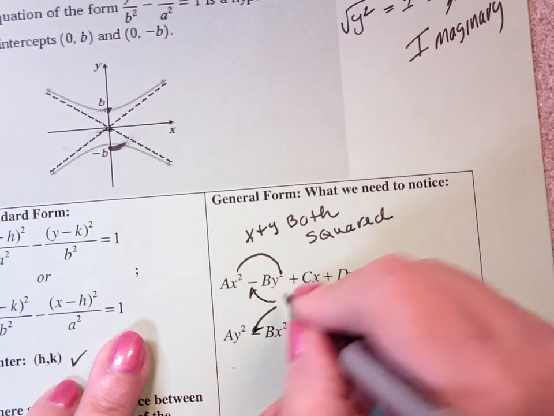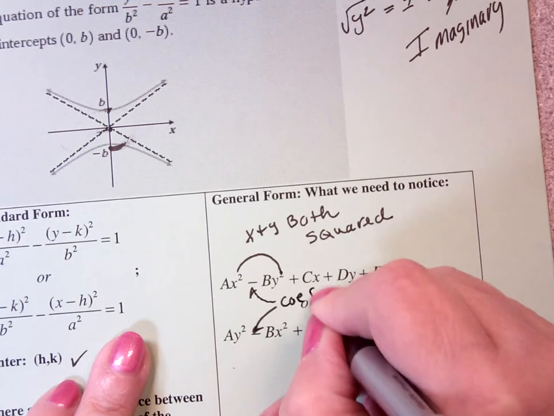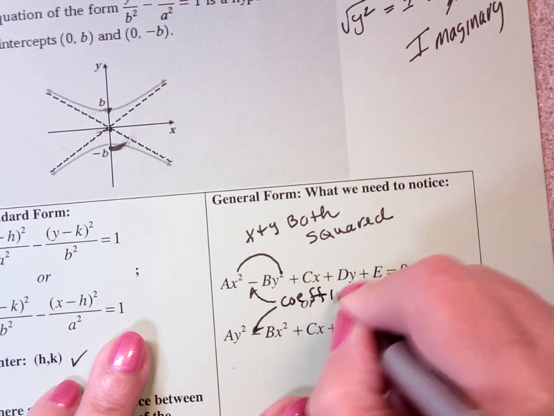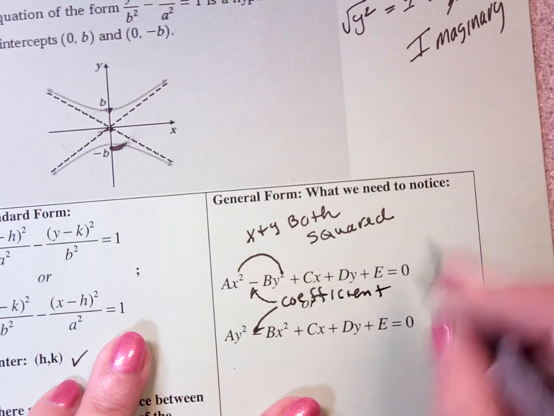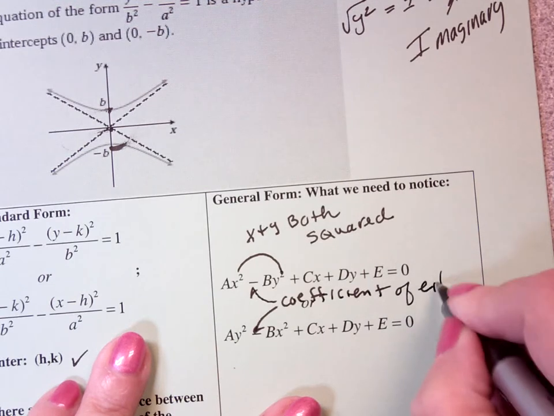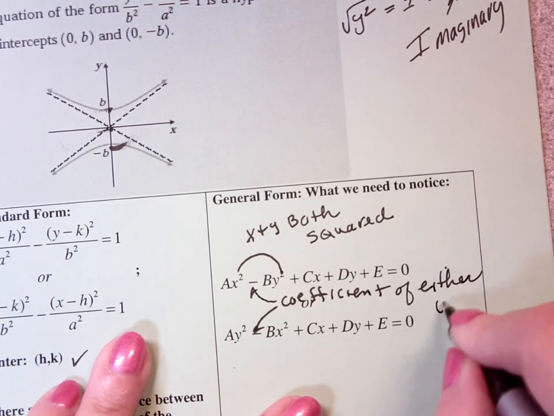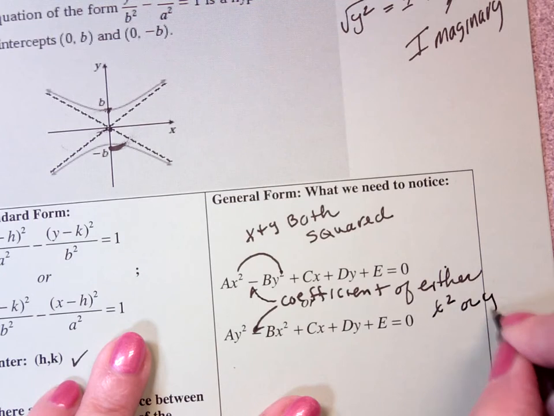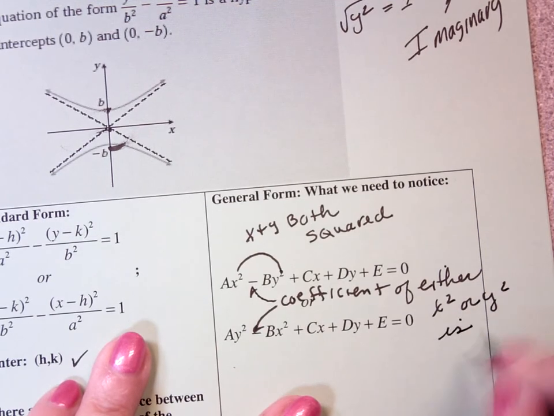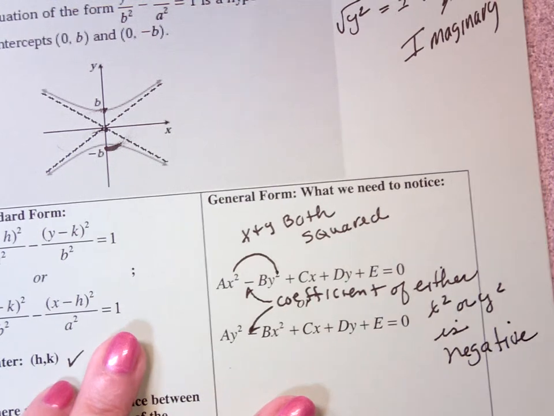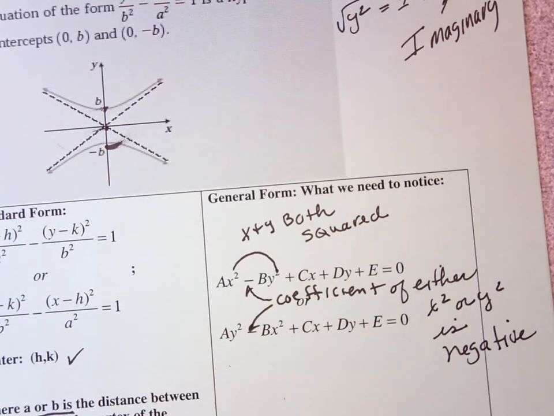So the coefficient of either x squared or y squared is negative. If it were positive, I'd have a circle or an ellipse. If it were negative, I have a hyperbola. Only difference.